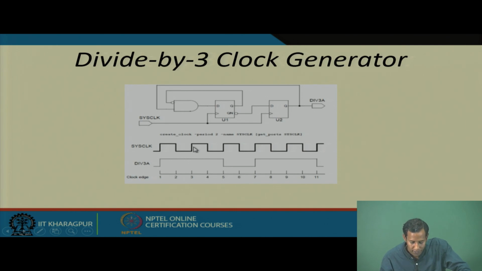Whenever we find another edge, at this particular edge the input from this is 1, so this will be 1 and then again come down to 0.